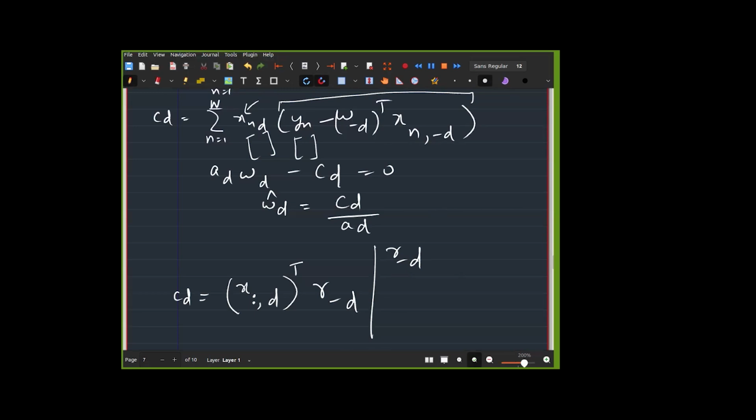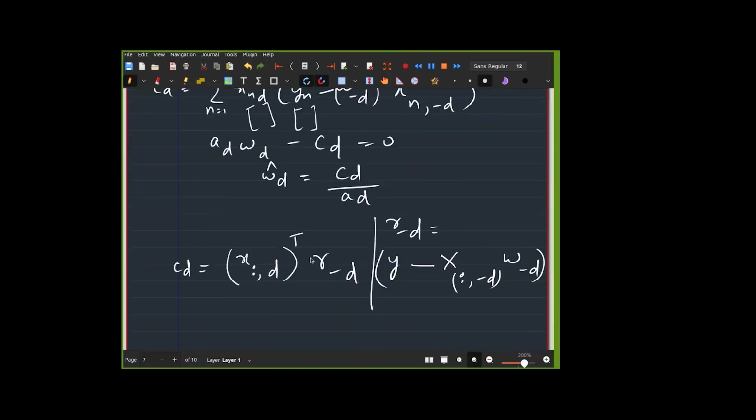So this yn will give me the y vector, because that's yn in a vectorized form, minus this term, which can be written as x colon comma minus d, which is basically saying that I take the input matrix X and I just remove the dth dimension of that matrix and I multiply that matrix with W of minus D. This becomes my R of minus D, which is basically the residual term. So this is my CD.